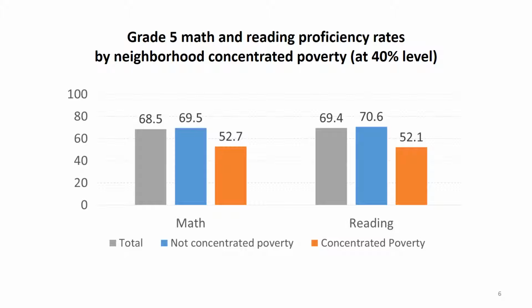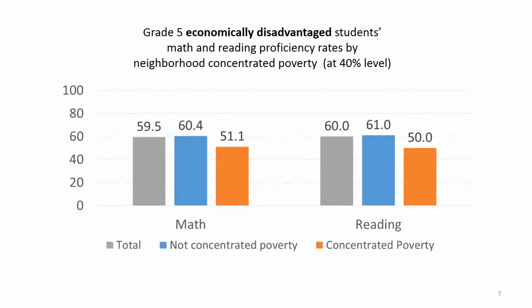Now, on our next slide, we're going to look just at economically disadvantaged students. And on this slide, we can see that the numbers dip across the board, but particularly for the overall numbers and for the numbers for students who are not in concentrated poverty. But we still see here evidence of a double burden, right?